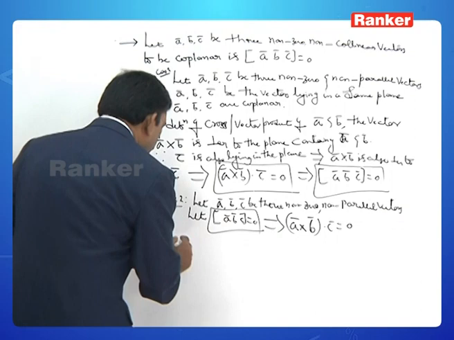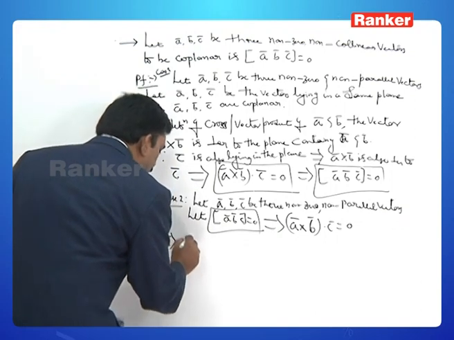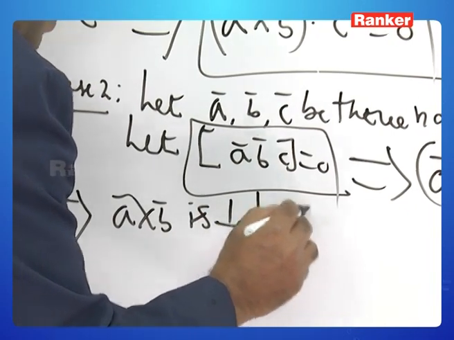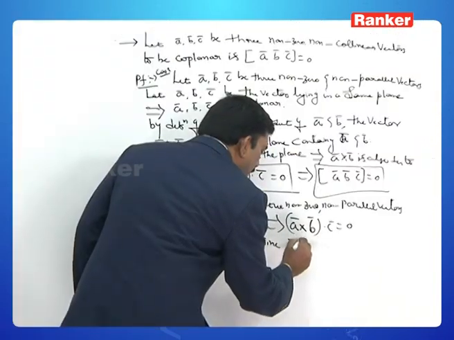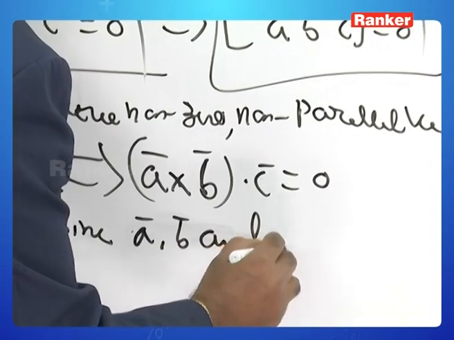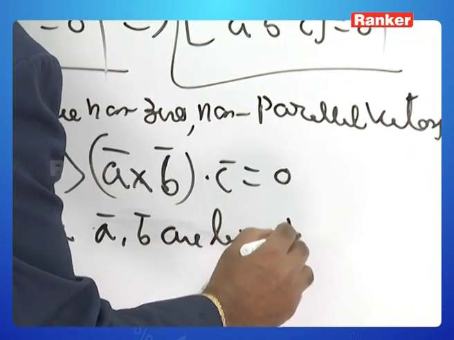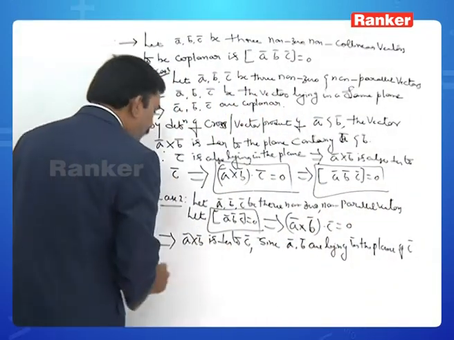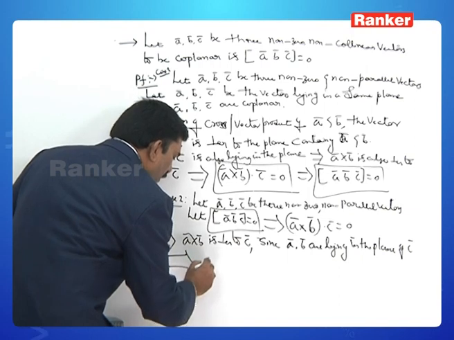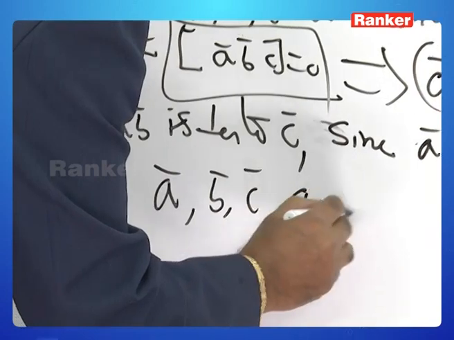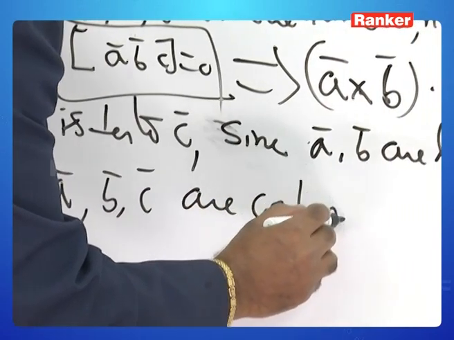So therefore, I can write A bar cross B bar is perpendicular to C bar. Since A bar, B bar are lying in the plane of C bar, which implies A bar, B bar, C bar are coplanar.